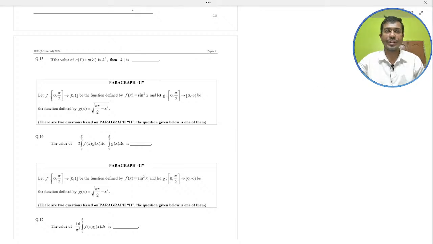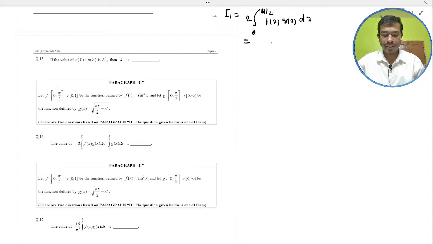So we have two integrals. First one is I1, the integral 0 to pi by 2 of f(x) g(x) dx. This is nothing but 2 times integral 0 to pi by 2 of sine square x g(x) dx.